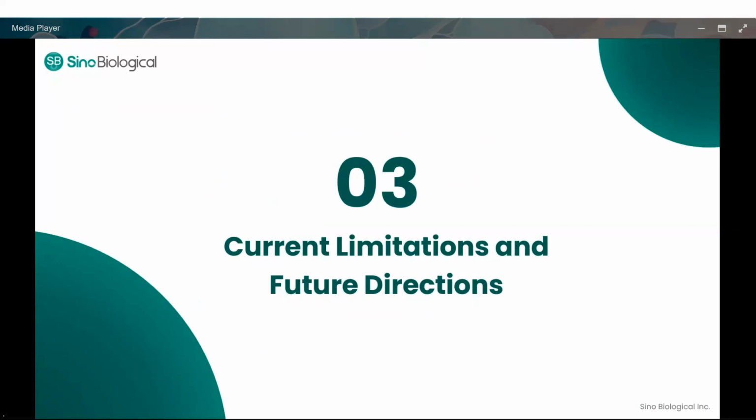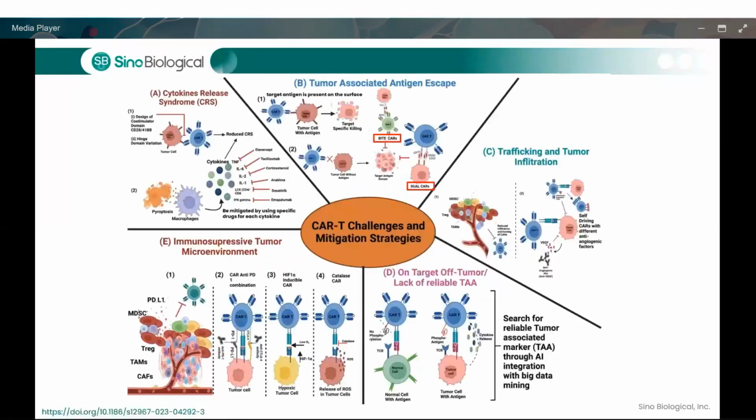We have briefly covered how CAR T or CAR NK therapy is being developed. Let's see what kind of challenges CAR-associated immunotherapy is facing overall. CAR T-cell therapy-related challenges include cytokine release syndrome, tumor-associated antigen escape, trafficking and tumor infiltration, on-target off-tumor effect, and the immunosuppressive tumor microenvironment.